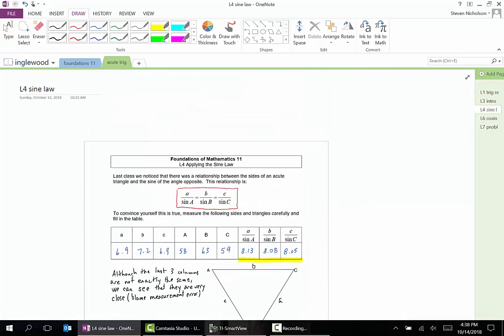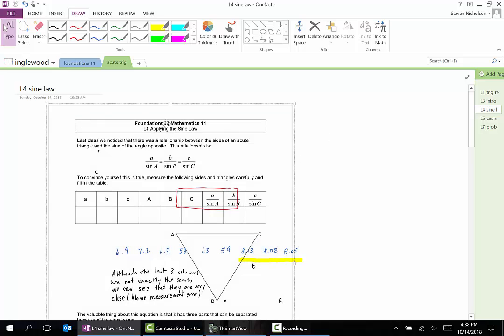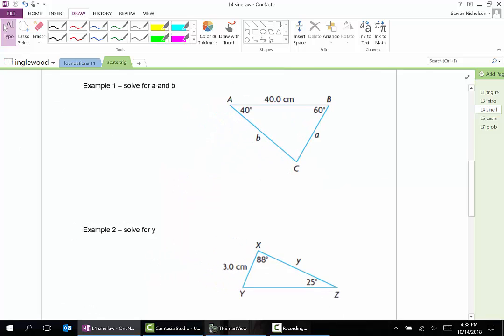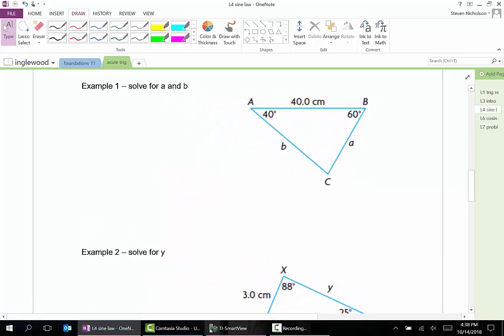So let's have a look at an example right here. In these two examples, I want to find particular sides. In order to use the sine law, this is what we need: one matching side and angle.